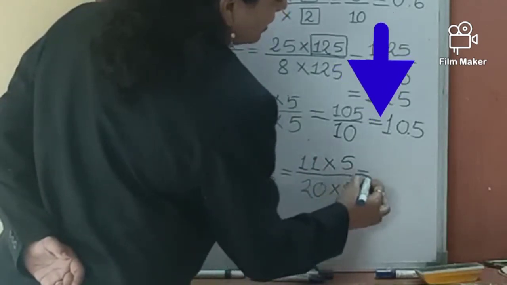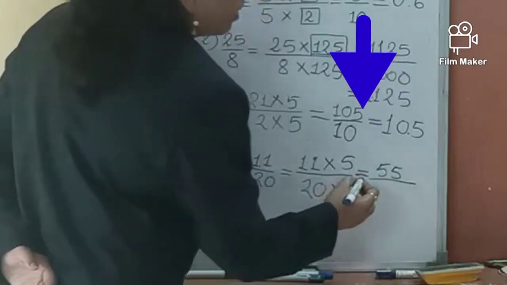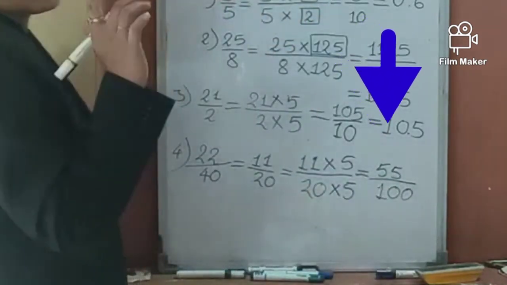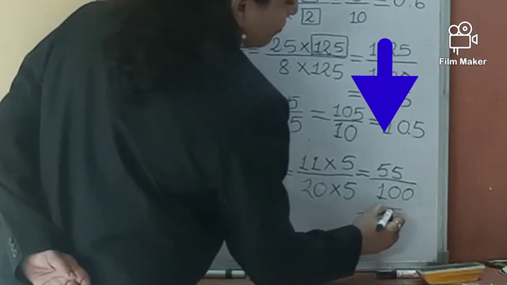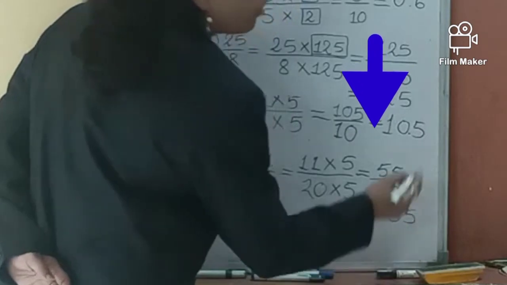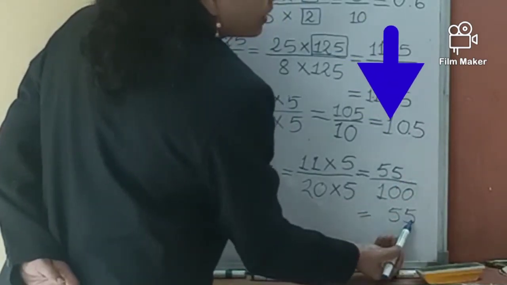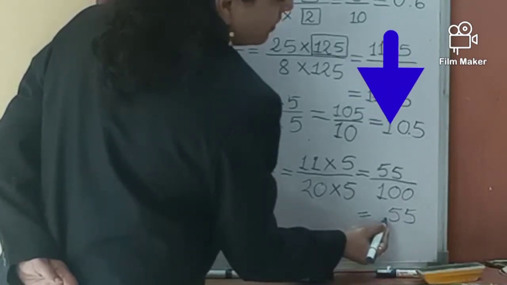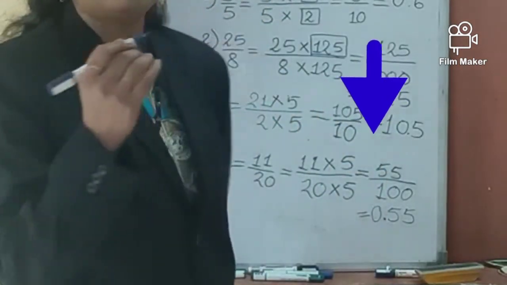So the answer is 55 upon 100. 100 means it is having 2 zeros. So we'll write the number as it is 55. Count from the right side. How many zeros are there? 2 zeros. So count from right side 1, 2 and the point. This is decimal point and we'll write 0 over here. So the answer is 0.55.